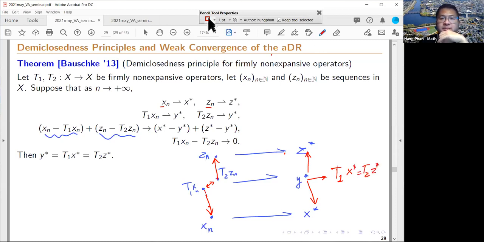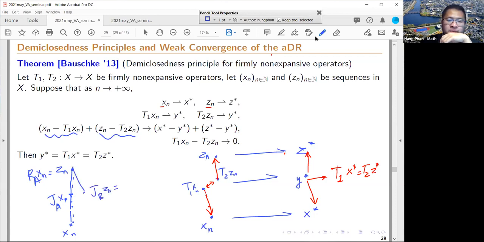So how do I relate this to the Douglas-Rachford algorithm? You can see here XN and ZN will be precisely the reflection, the resolvent over A of XN, and JA XN will be T1, and JB of ZN will be T2 ZN.